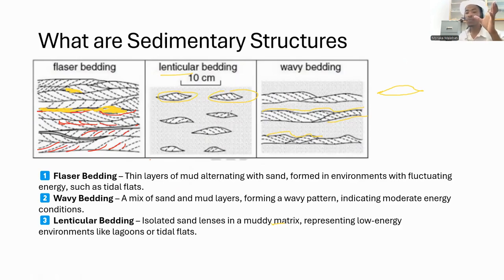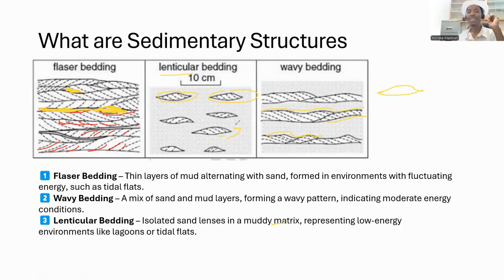So lenticular bedding is where mud dominates, and the cross-laminated sandstone occurs in the form of lenses where the mud dominates. These are commonly formed in relatively low energy environments, because you need a calm environment to deposit fine material like mud particles.